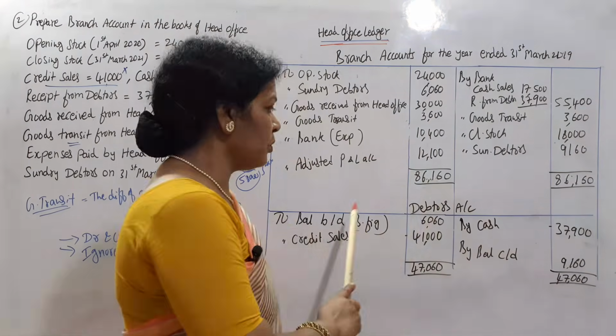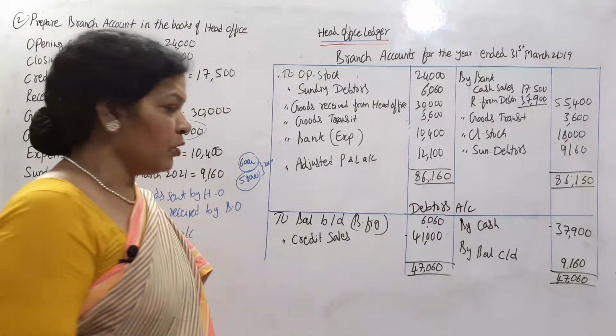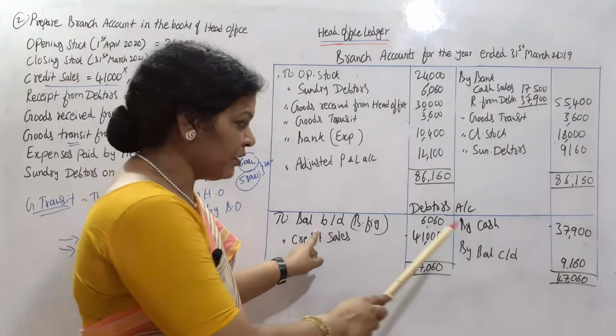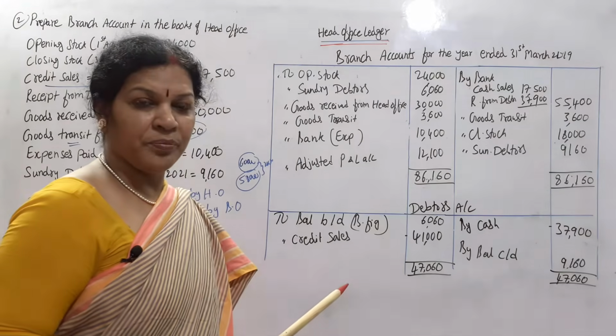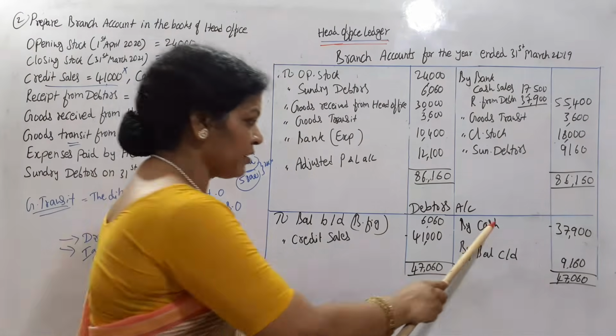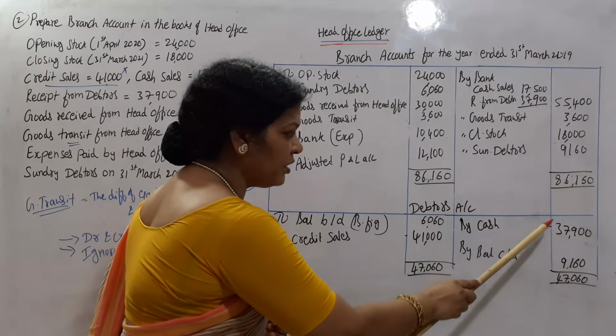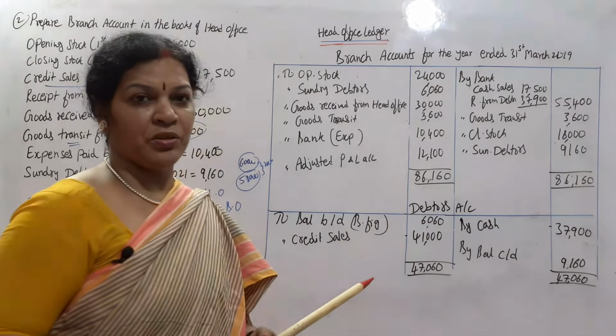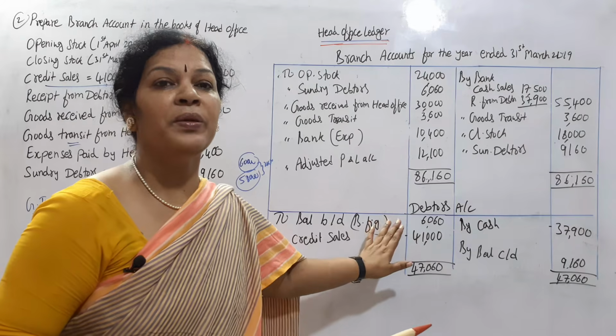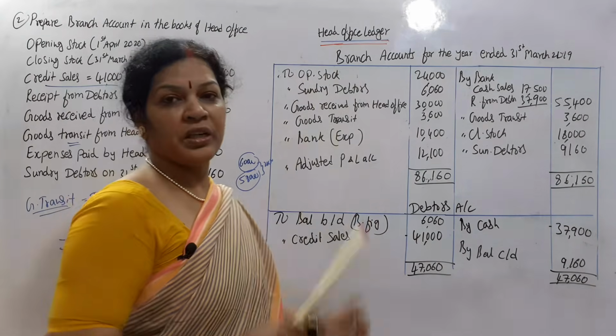For that purpose, open the debtors account. Opening balance we are going to find out. Closing balance we have written, and credit sales, and cash received from debtors on the credit side. Only 3 transactions we have written. So the balancing figure is the opening balance of debtors.